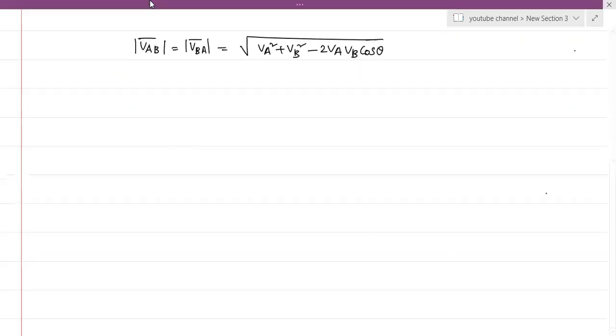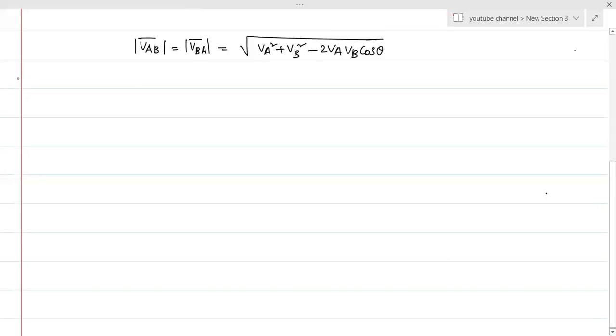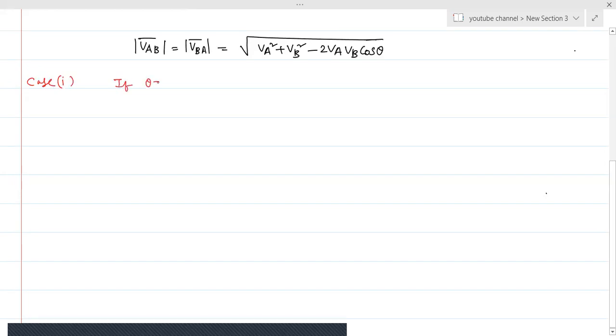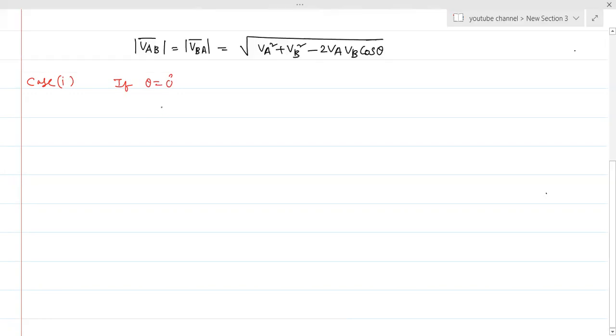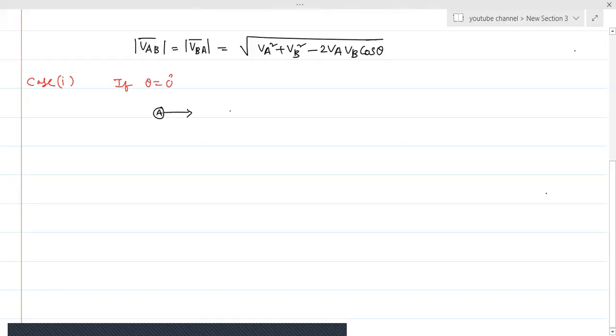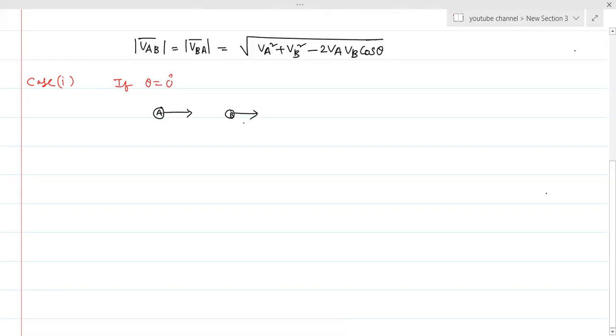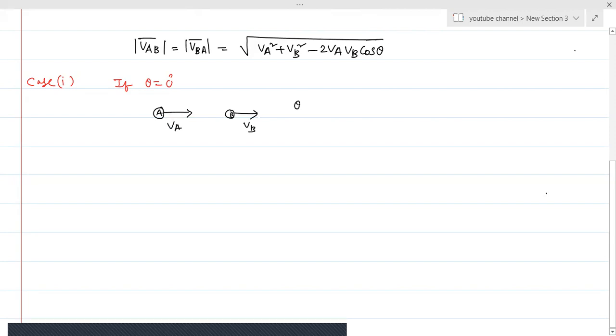Suppose we take the applications like this. For example, we are taking case 1. If theta is equivalent to 0 degrees, it means both A and B are moving in the same direction. So in the same direction, we take theta equivalent to 0, so automatically cos theta is equivalent to 1.